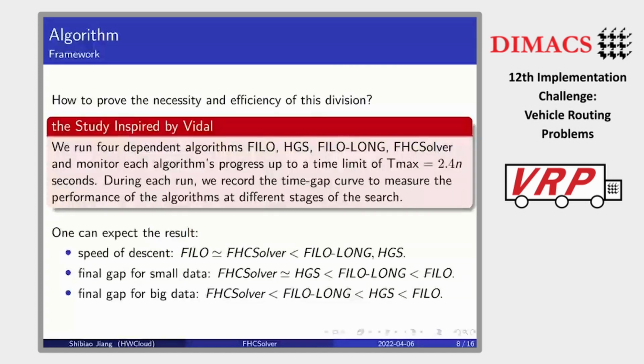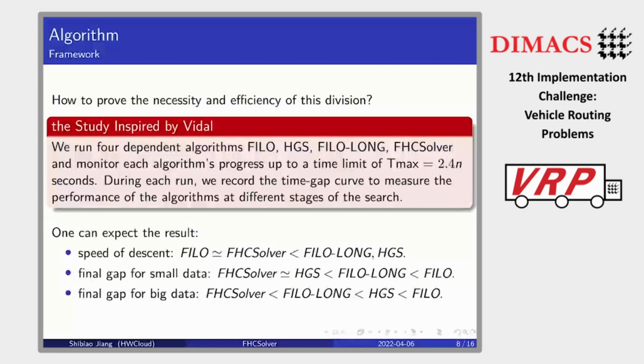From the perspective of descent speed, Filo must have a very good speed, and we imagine that our FHCSolver is similar to Filo. And as for the final gap for small or big data, we also imagine that FHCSolver gets very good performance for the small data.